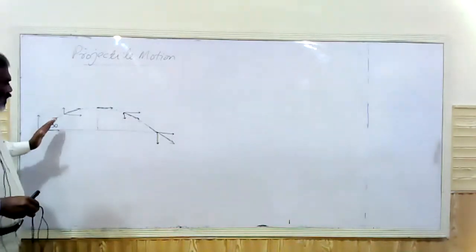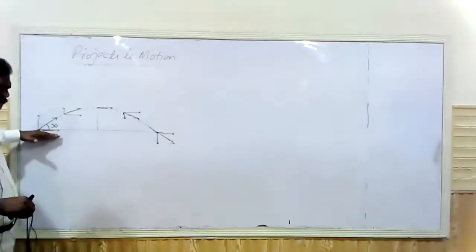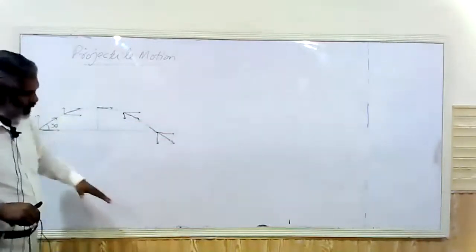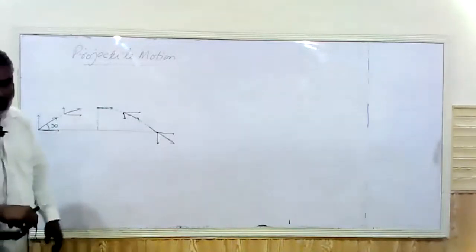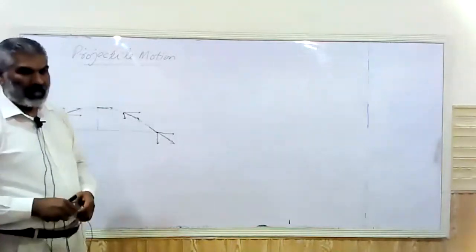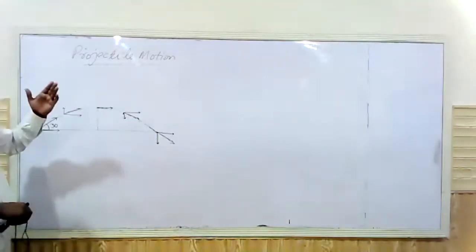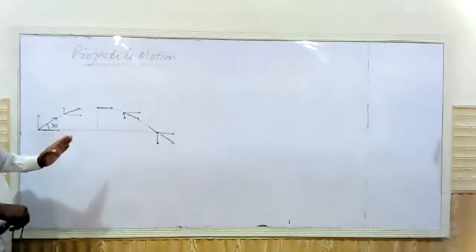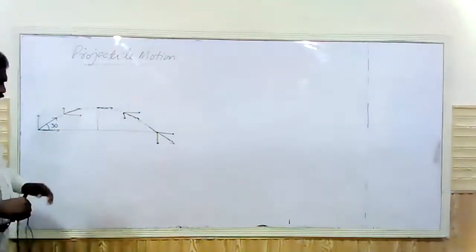It is a two-dimensional motion in which velocity remains constant along one dimension or direction, and acceleration is constant along the other. And acceleration is same 9.81. When we throw an object straight up, it is minus 9.81.